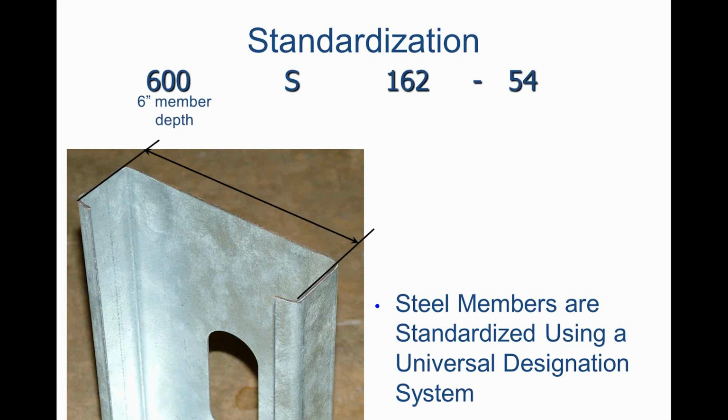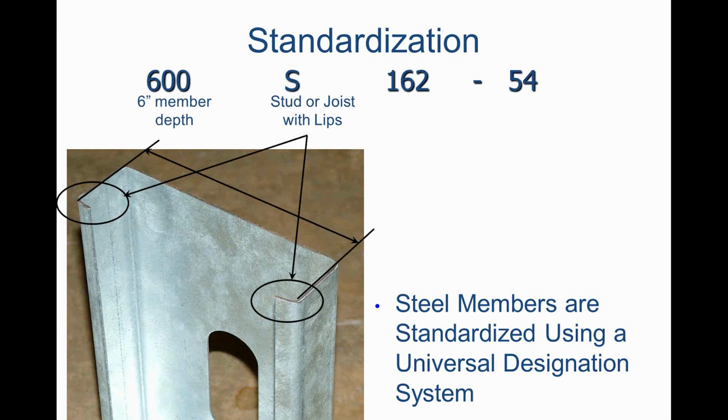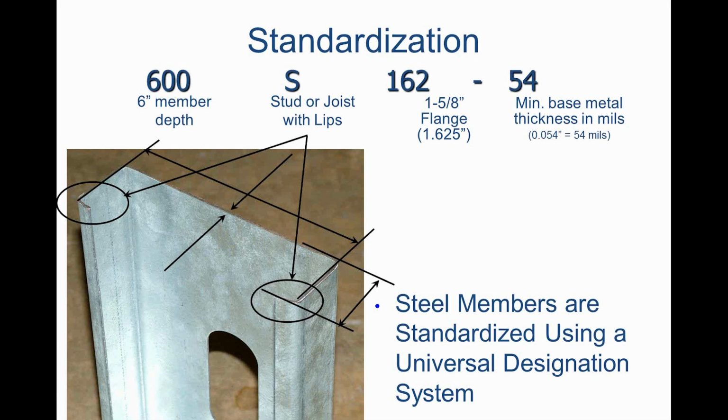That's the first number. Then I've got an S, which means that I've got these edge stiffeners or lips on here. If these lips weren't here, we would see this as a T, which would be a track section. The 162 is giving me the flange width, or 1 5/8. If this were a 2-inch flange, that would be 200. And then we have the minimum base thickness or minimum delivered thickness, which is 54 mils.